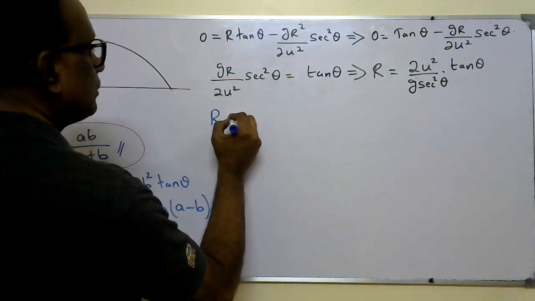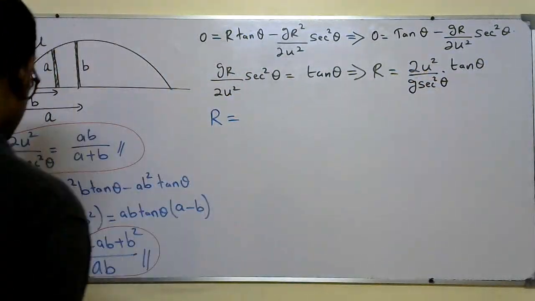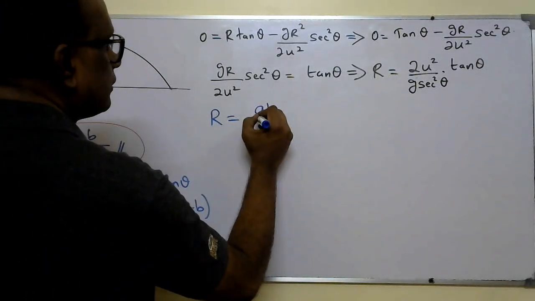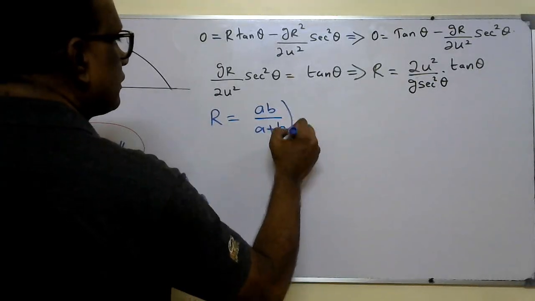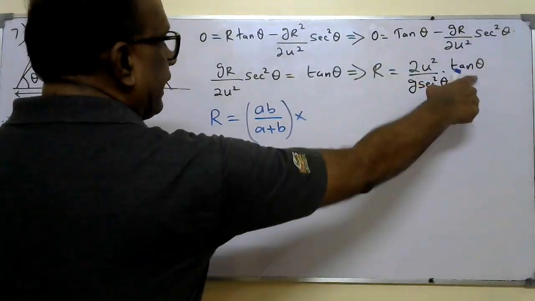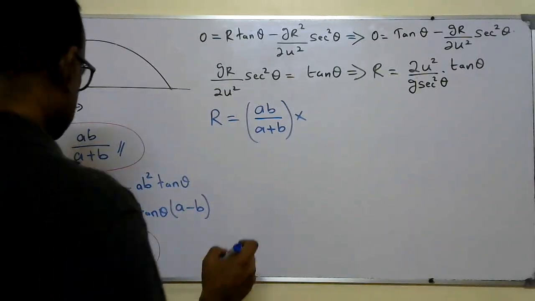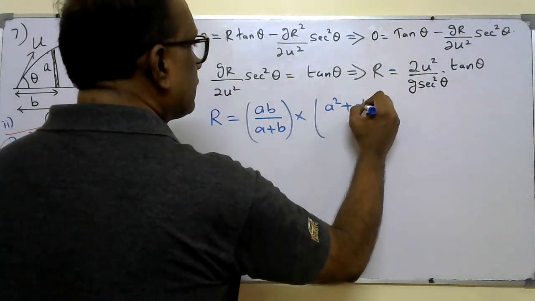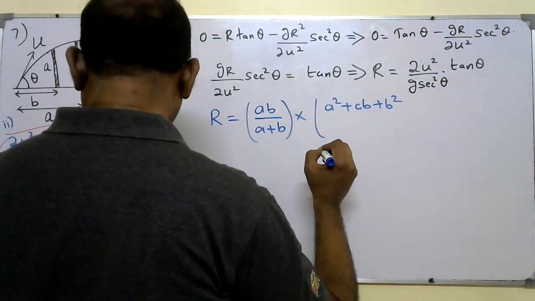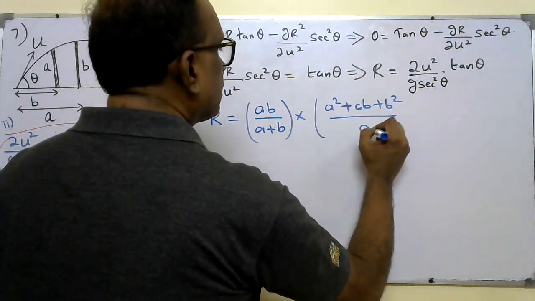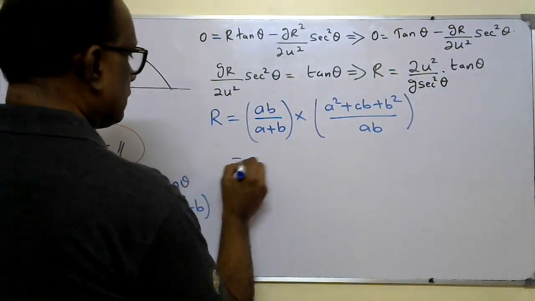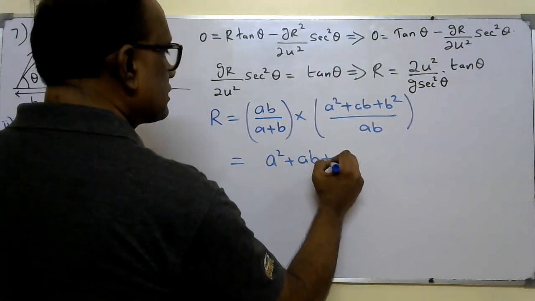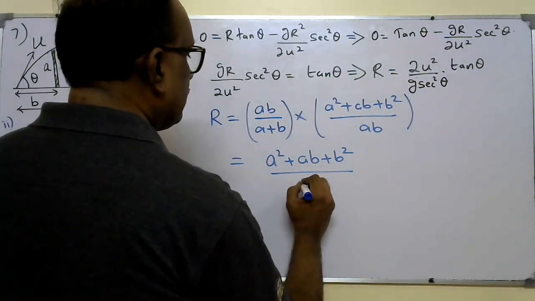So R is equal to 2u squared over g sec squared theta, which is ab over a plus b, times tan theta, which is a squared plus ab plus b squared over ab. ab will get cancelled. R equals a squared plus ab plus b squared over a plus b.